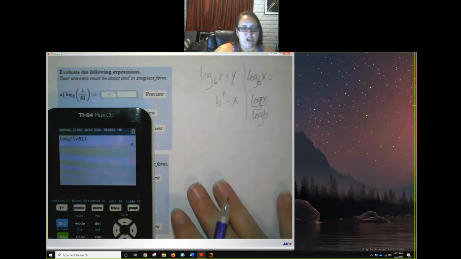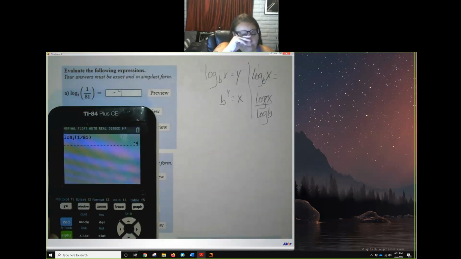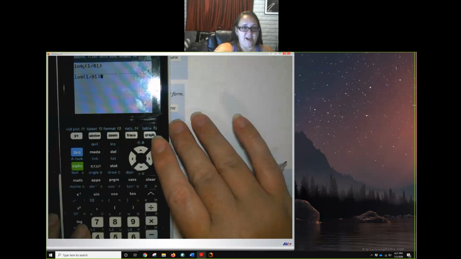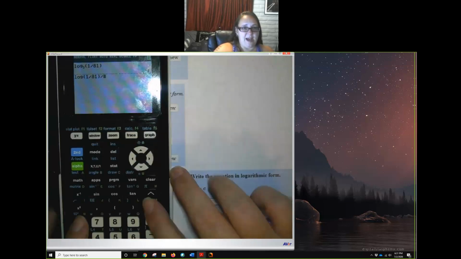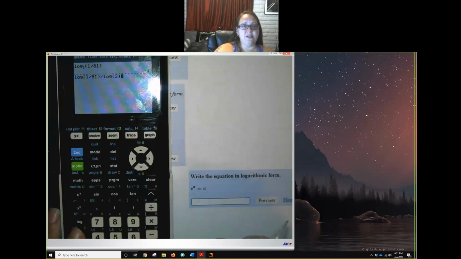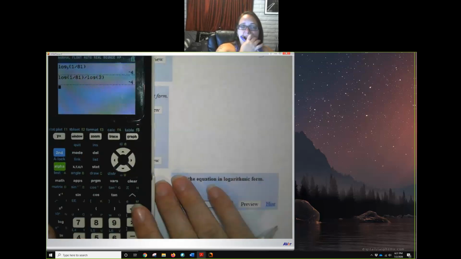So again, if your TI-84 is old and it doesn't have that log base as an option, then you could do the log of 1 over 81, not 18. And by the way, when I say the log, I'm just using this button right here, divided by the log of 3, and then press enter, and see how it got me the same -4.